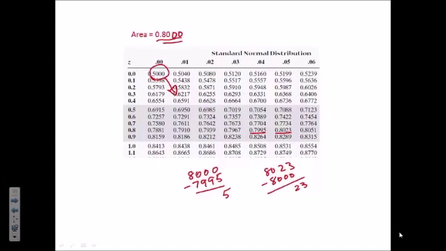So therefore, 0.7995 is the closer of the two to 0.8000, and it corresponds to, go across this row and up this column, and that tells you that the z-score that we want is 0.84.